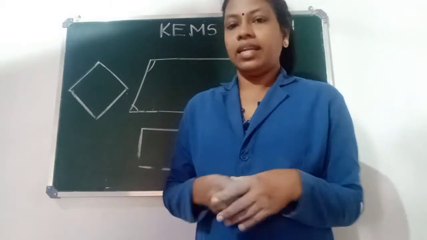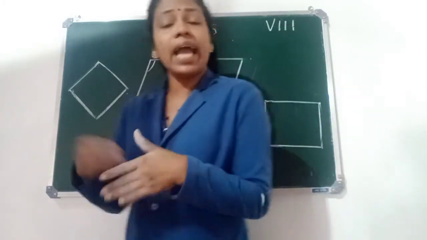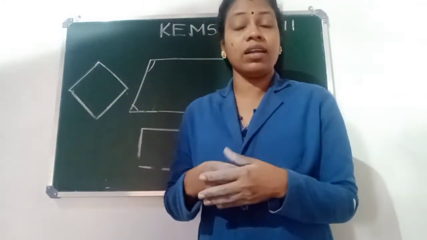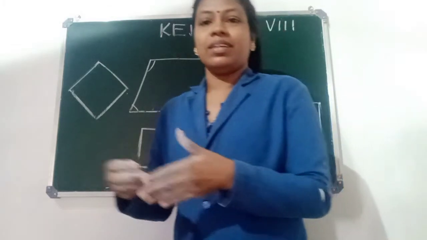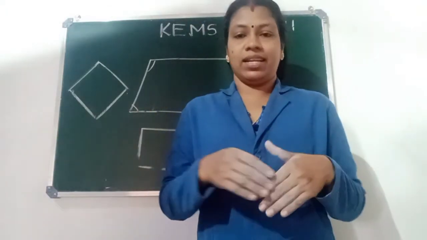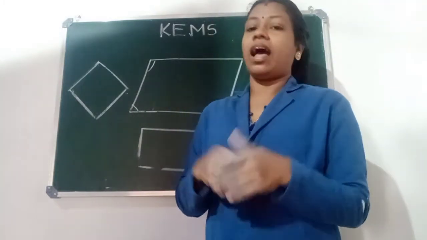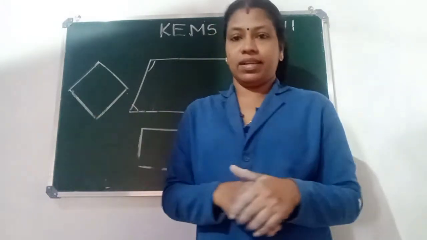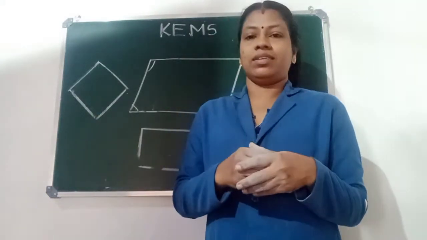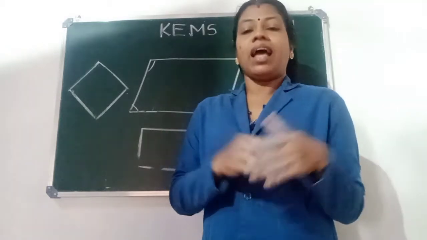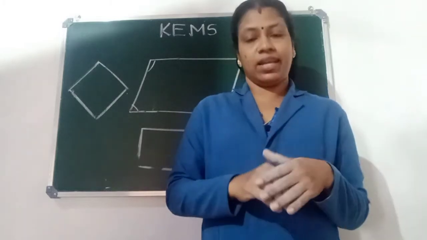Then next, about a rectangle. The diagonals of a rectangle are equal in length and bisect one another. Like the diagonals of a square, they are equal in length and are perpendicular bisectors of one another.